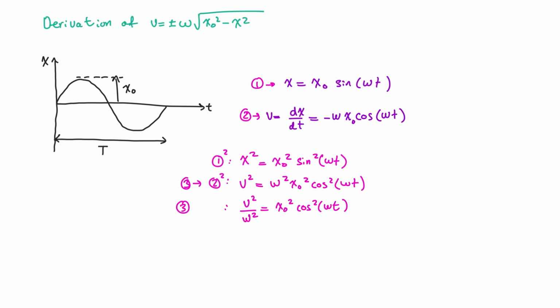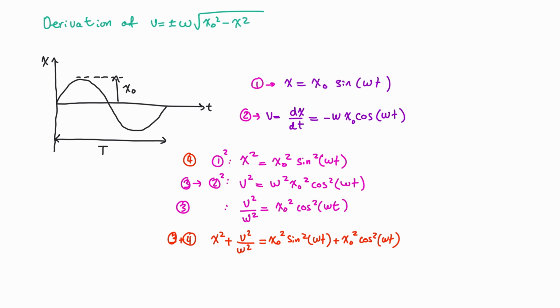So I am going to label this equation as 4, and I'm going to do 3 plus 4 here, and I'm going to get x squared plus v squared over omega squared is equal to x naught squared sine squared omega t plus amplitude squared cos squared omega t.